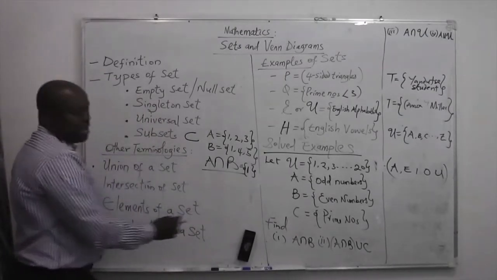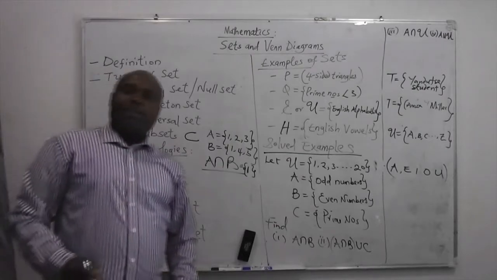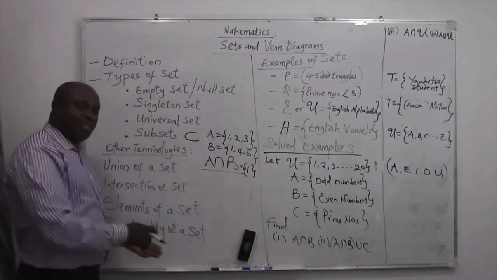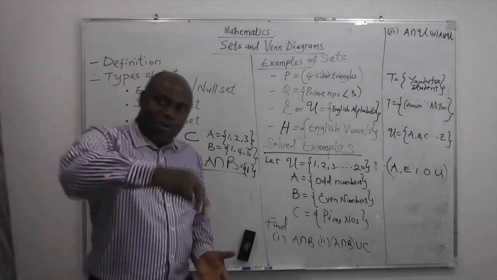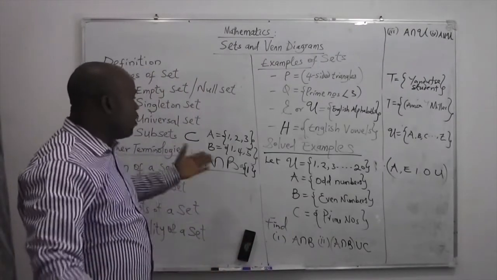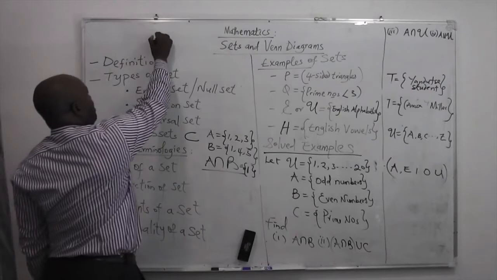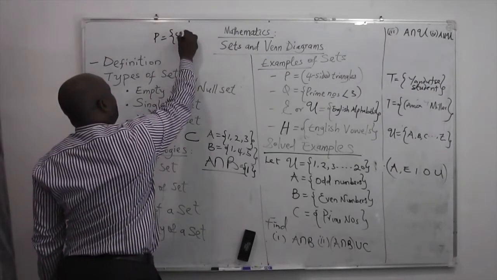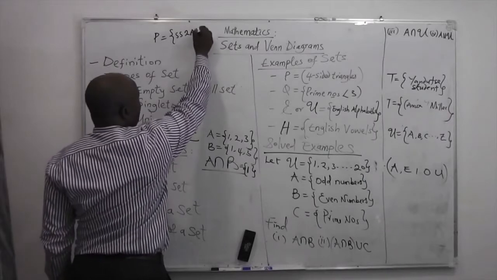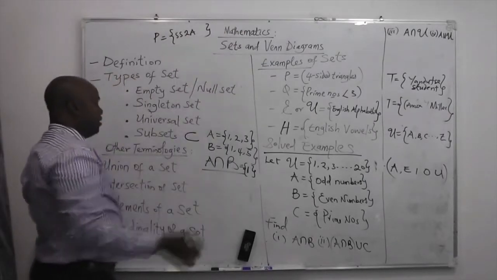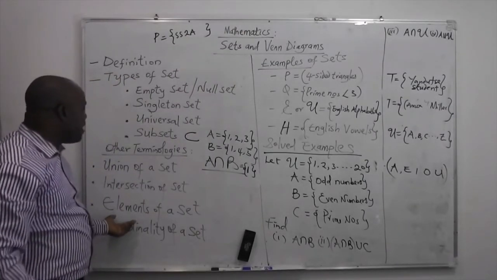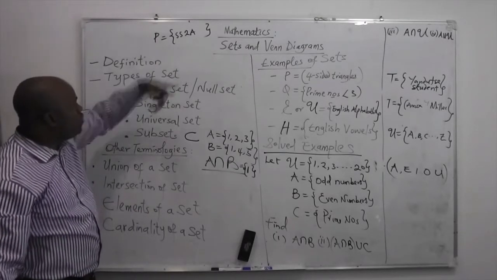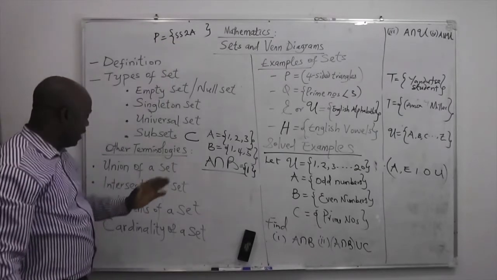Alright, we move on to the next one, the elements of a set. The element of a set, as we have been hearing it, is nothing but the entries, what is contained in a set. So if you say P is equal to SS3 students of Yandise College, the elements or entries of this set will be the names of all the students in SS3.